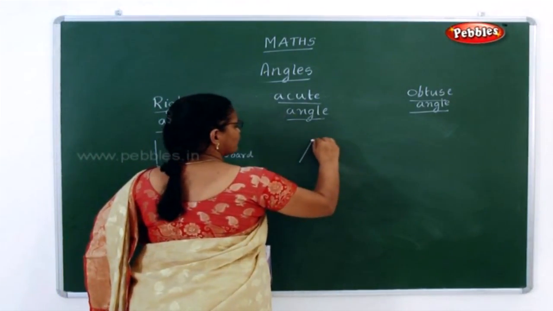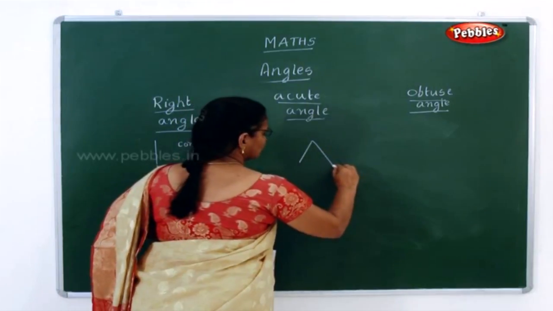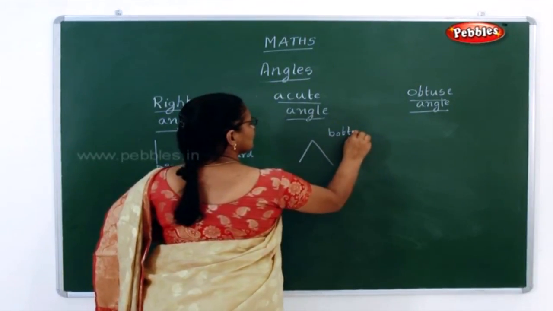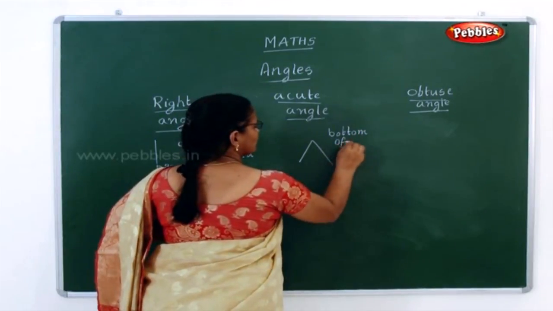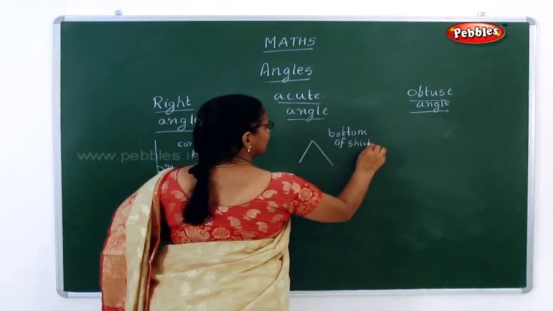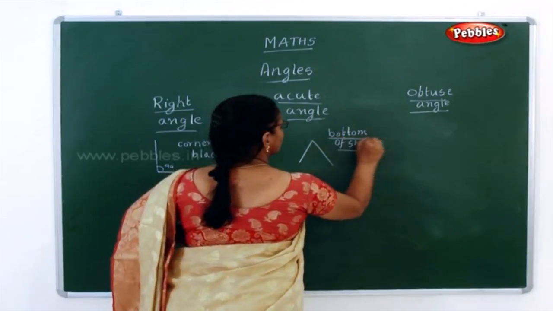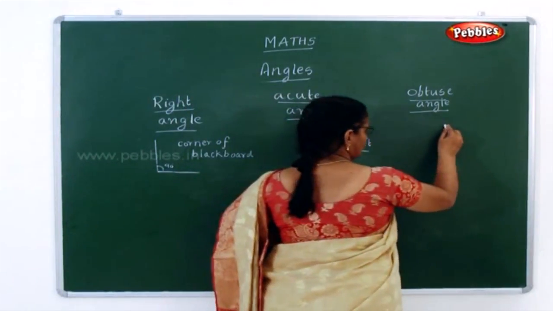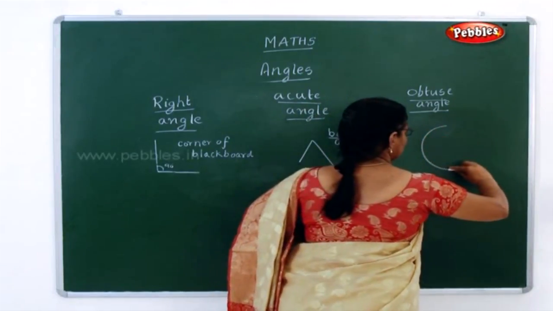See, it is like a V shape. So the bottom of the shirt is in the shape of V, which we call an acute angle. For an obtuse angle, the clock in your classroom.